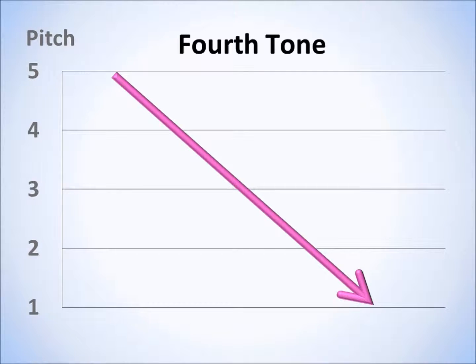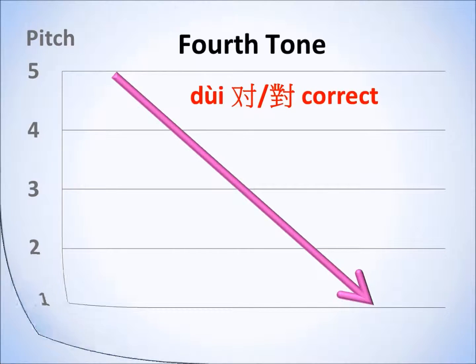So let's practice some words in the fourth tone. 爸, 爸, 爸. If I prolong the sound, you can hear the falling clearly. Next example. 对, 对. The fourth tone is a falling tone.